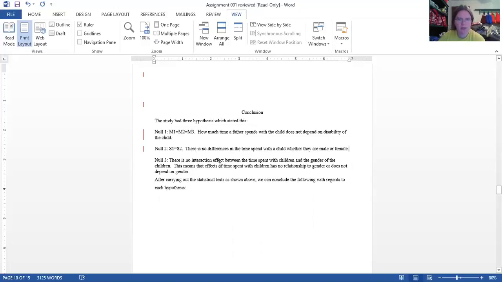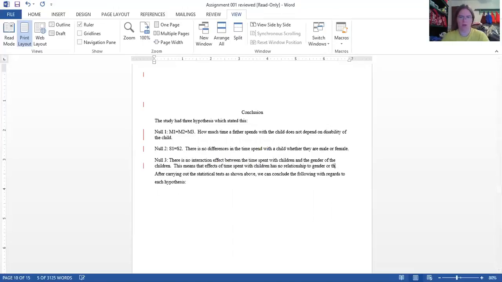This means that the time spent with the children has no relationship to gender or their disability, right? So if there's no interaction effects, these two things should not be a factor.